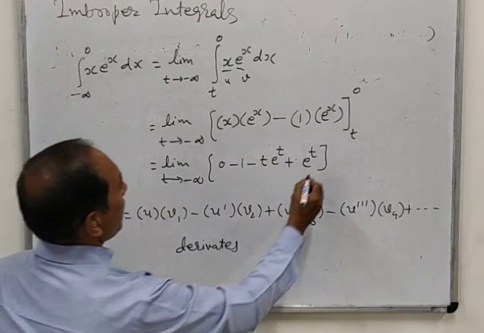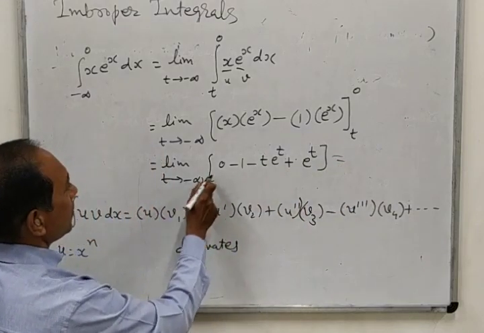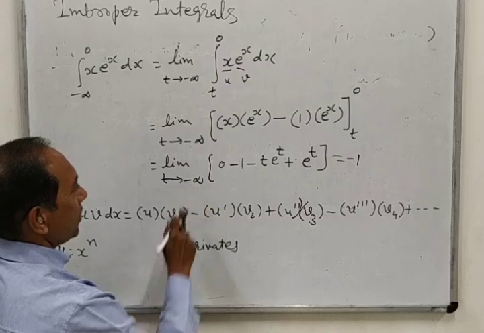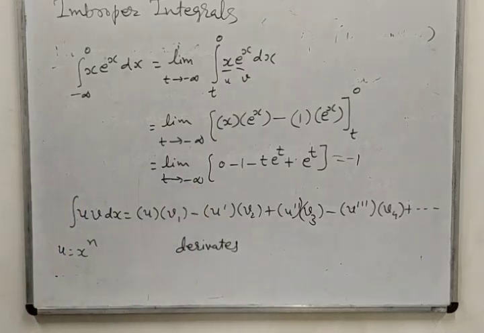Now we put in the values and find the limit. 0 is there, minus 1 is there, and minus infinity. So what will happen? Because it is t into e raised to t, if we put t equal to minus infinity, what will happen?